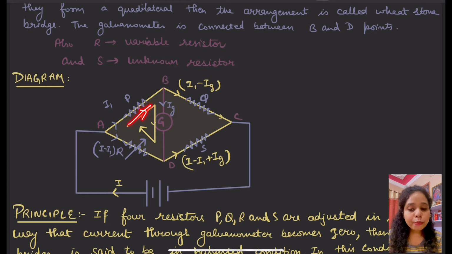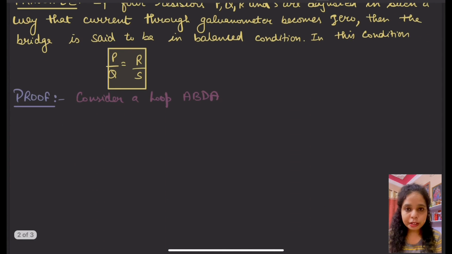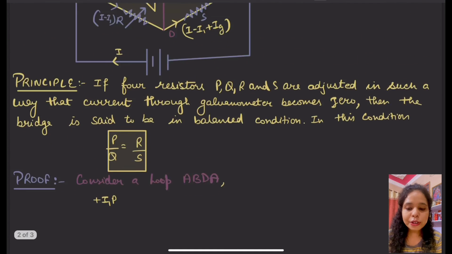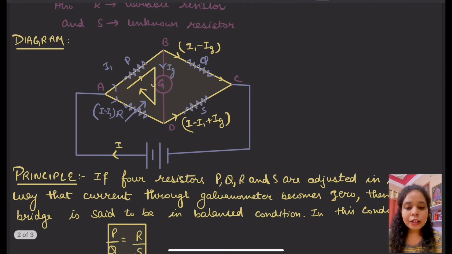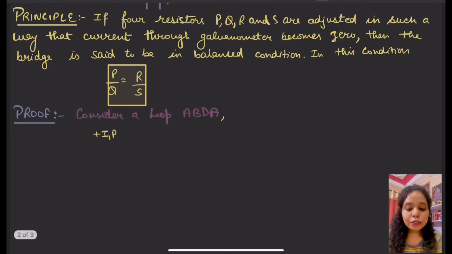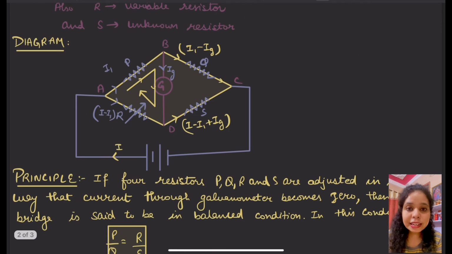Now we are moving from A to B, and the current I1 is moving from A to B through resistor P. So according to Kirchhoff's law, the direction of loop is same as direction of current. Therefore I1P, it will be positive. Then we are moving from B to D, but IG current is also moving from B to D. So direction of IG current is same, that is IG into G, where capital G is representing the resistance offered by the galvanometer.